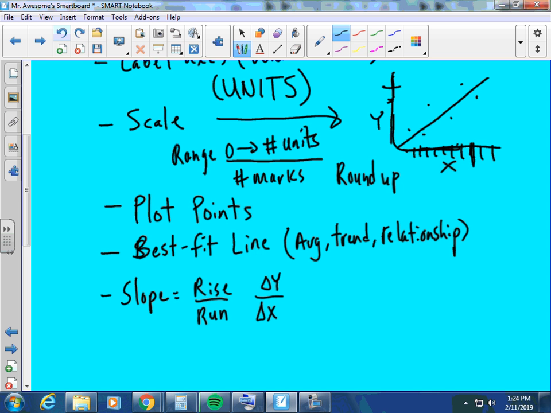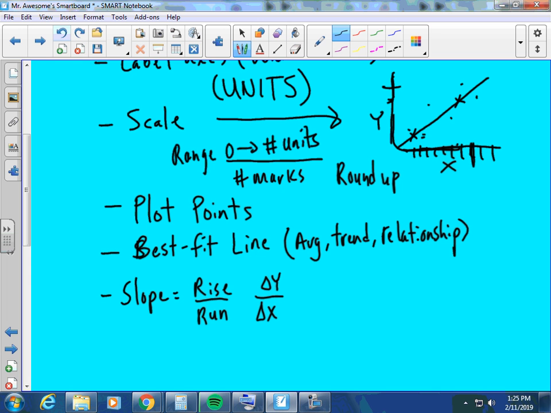The other thing we did was start from left to right as you're going along the best fit line. Find a couple of marks that are easy to read in terms of x and y values. What we'd call this first mark would be our x1 and y1. The second mark would be x2, y2.